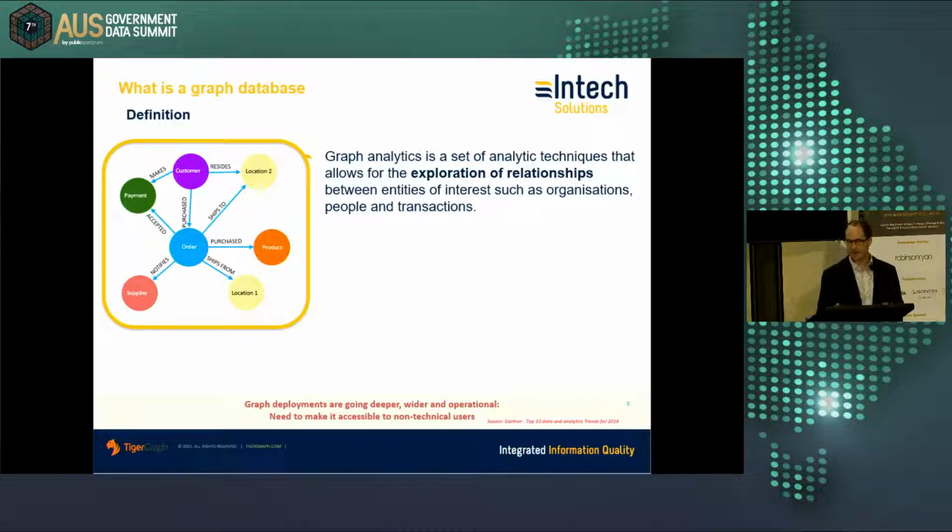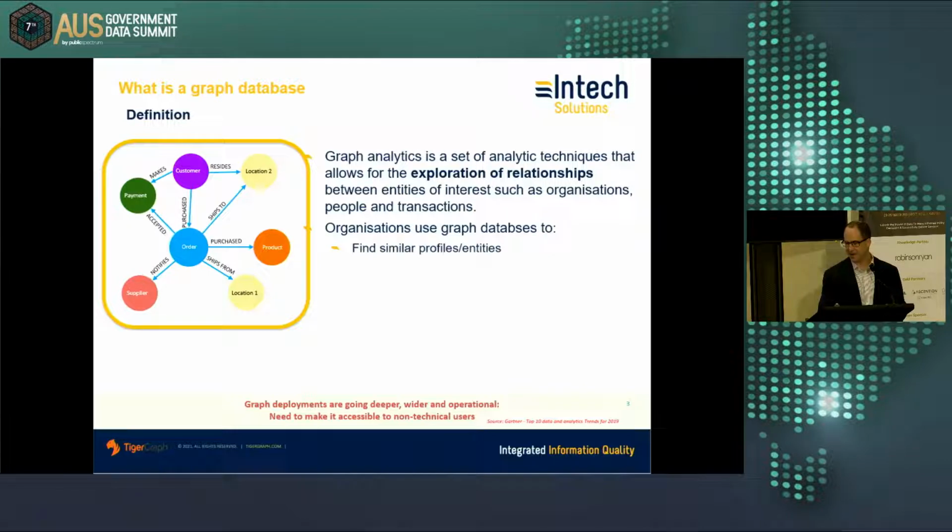If we have a look at that, it's representing a scenario in terms of how a customer is related to an order, is related to a payment. So the key thing to point out is it talks both of entity data, such as customers, and a lot of transactional data. And as a general rule, transactions often relate entities. So it's all about the relationship between the entities.